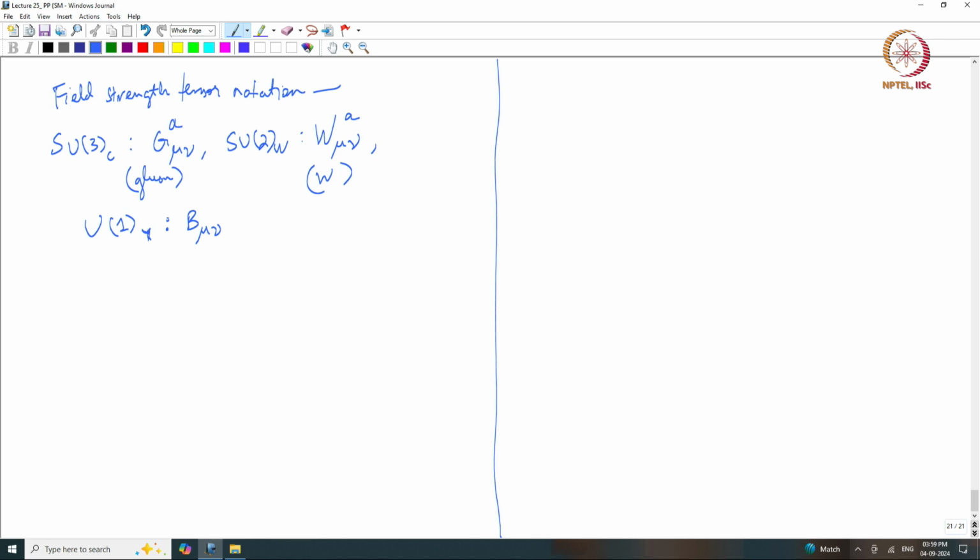I don't know why it's called the B boson. I know why it's called a W boson. It probably has to do with Weinberg having come up with that, but for the hypercharge it's the B boson. So that's the gauge content of the Standard Model. What about the fermion content?